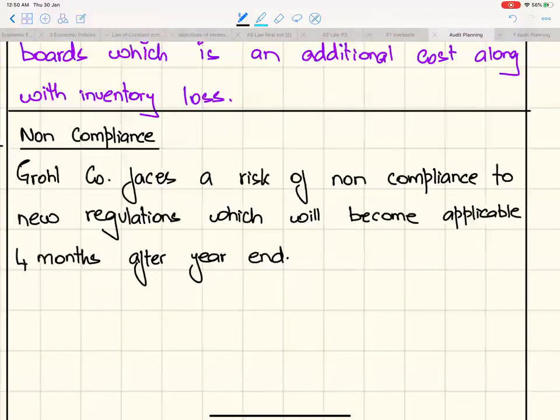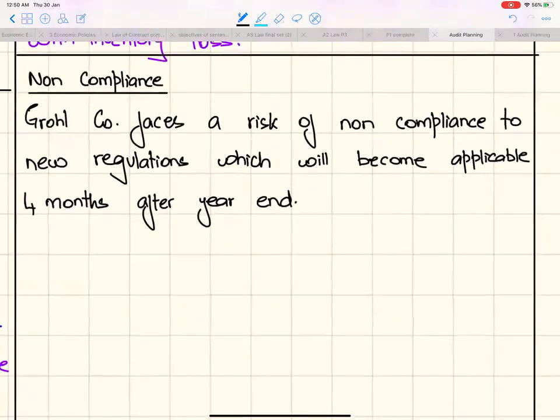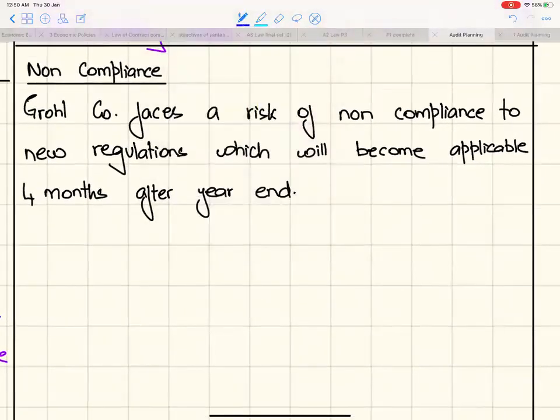Now, what is the impact? If you will not be able to comply, what will happen? Yes, your license may get suspended. You may be required to stop your production because it relates to the production line.